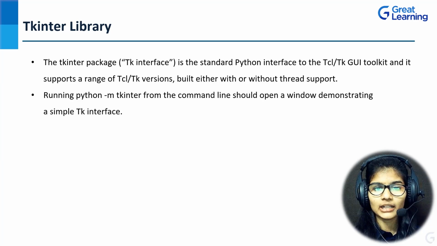There I'll discuss how the new window looks and what the functions are. Now, if you have a command prompt, you could simply write -m Tkinter, and a window will be opened for you. That will be a simple Tkinter window. We call that a Tkinter window, or we see it as a TK interface. Any of these works.